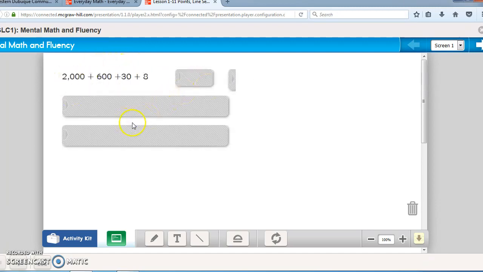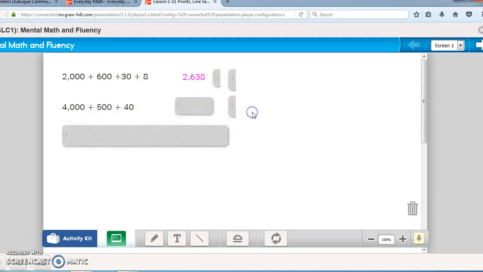Listen while I read this aloud. It says 2,638. So even though the plus signs are in there, the plus is just telling us to combine those numbers to make the number 2,638. So look at the next set of numbers.